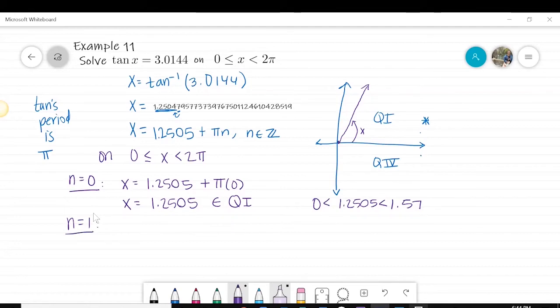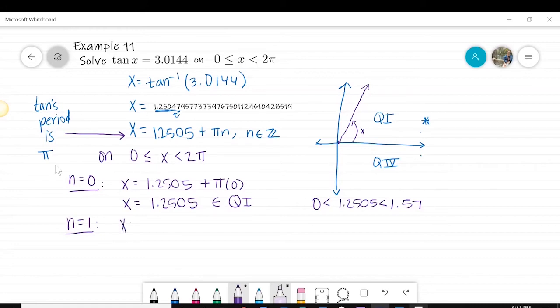We'll see a similar question when we get to the next example where we're looking at sine. And because sine's period is the full revolution, we'll have two options up here as opposed to just one. So again, this is happening because of tangent's period, right? And then this is helping us get all values on this interval inequality, okay?